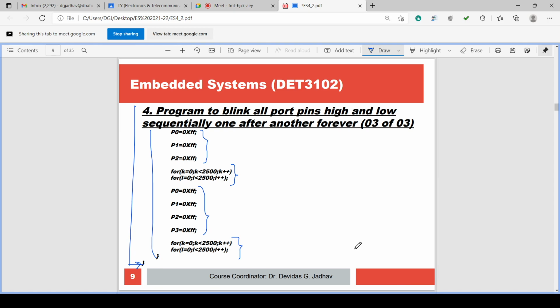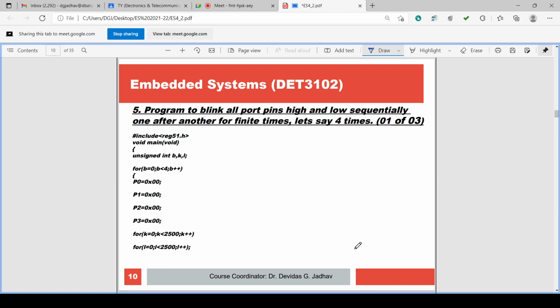This repeats infinite times. So this is the program for sequential blinking of the ports, blinking one after the other, forever.